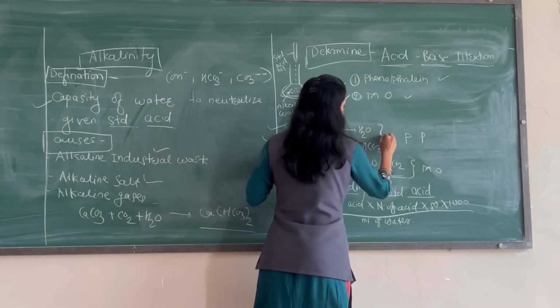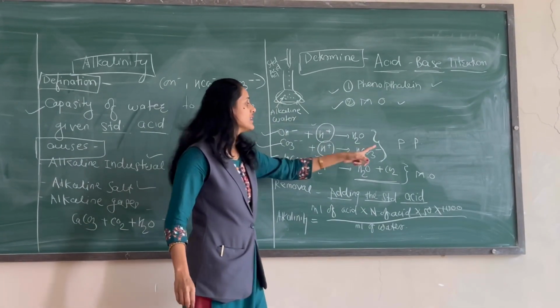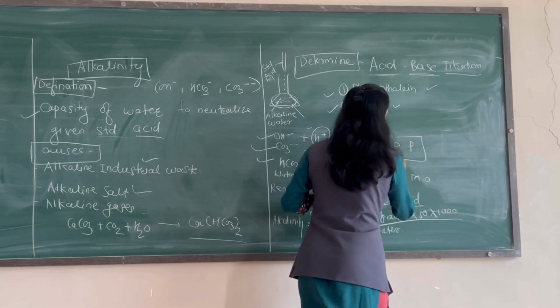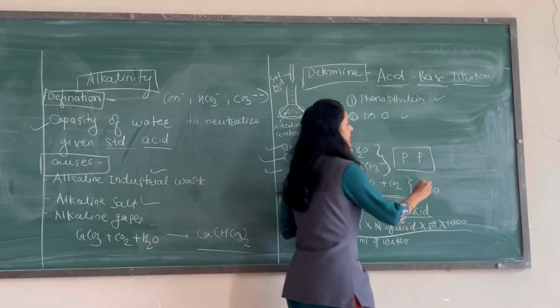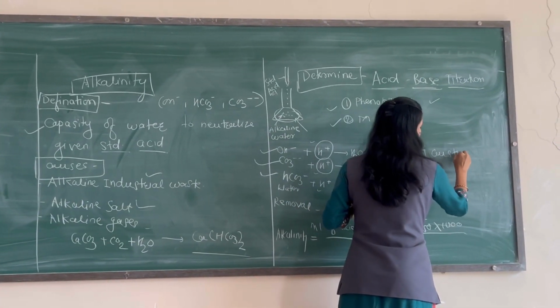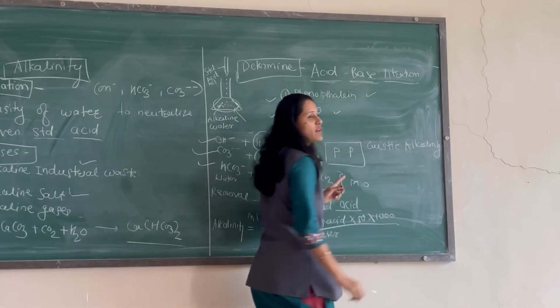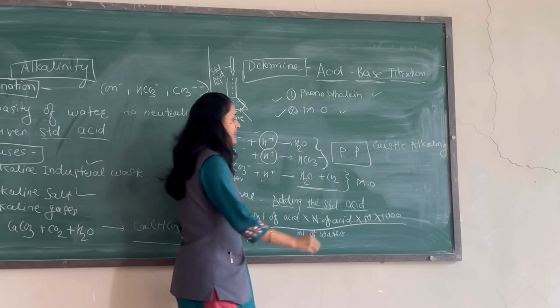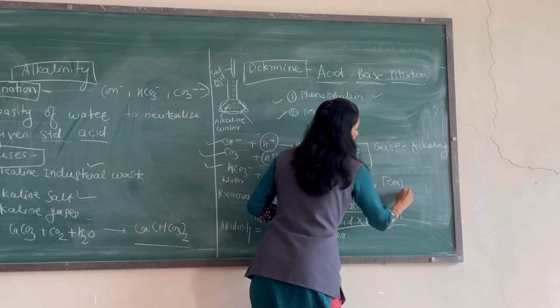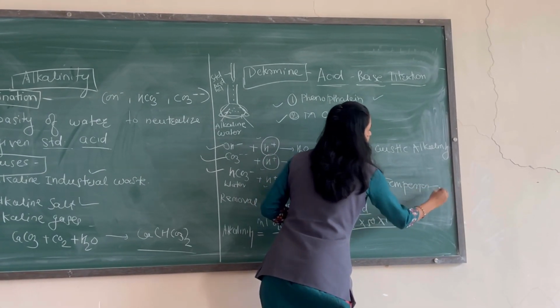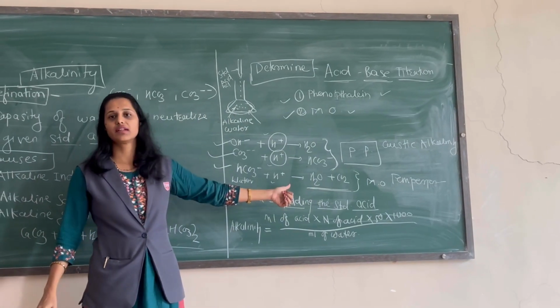OH minus and CO3 2 minus can be determined using phenolphthalein alkalinity, that is caustic alkalinity, and temporary alkalinity can be determined using the methyl orange indicator.